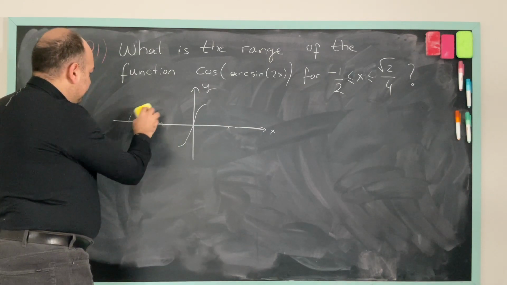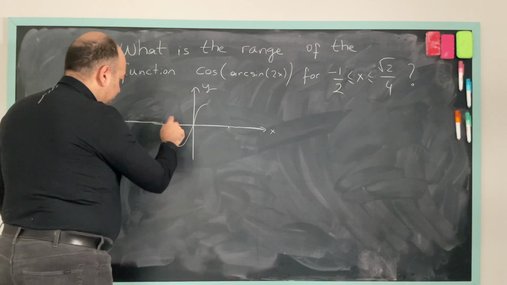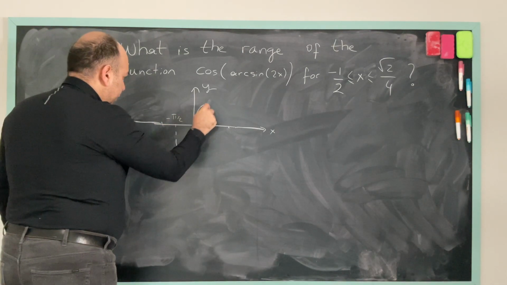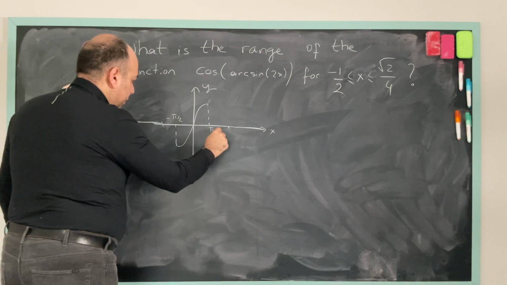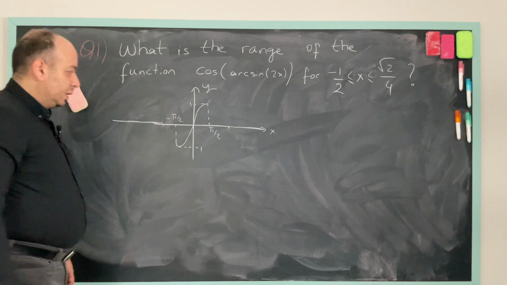So we just take this piece of the sine function. It goes from minus pi over 2 to pi over 2. And this is minus 1, and this is 1.